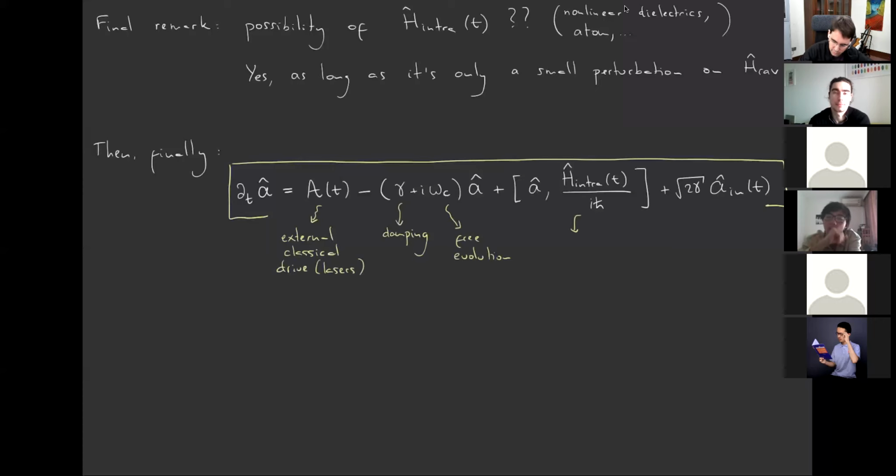So this is any other intracavity processes. And finally, this is the input operator that corresponds to a driving. So it's a quantum driving by the external thermal quantum fluctuations.